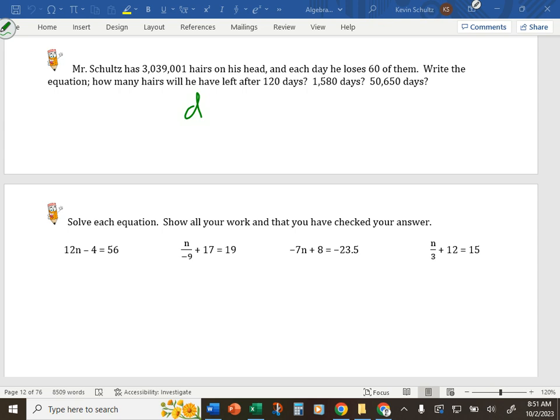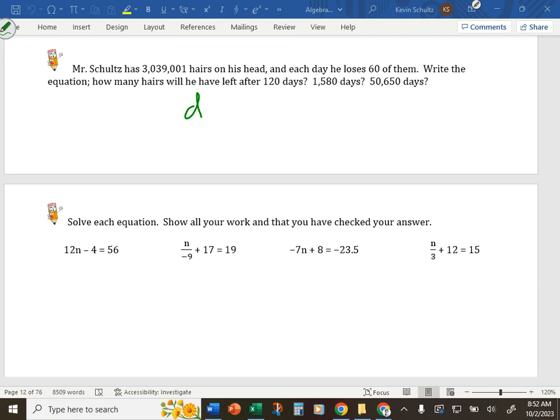You lose each day 60 from 3,039,001. Now, think back to all those words and phrases. That word lose, what operation is that kind of? Subtraction. So it's not just going to be 60.